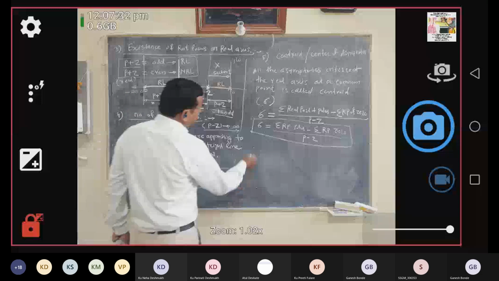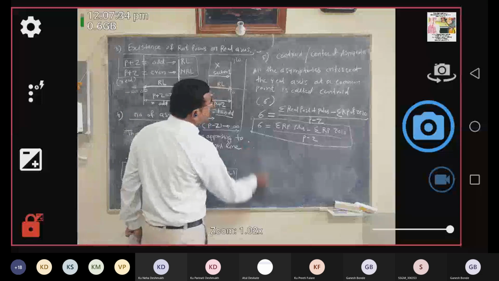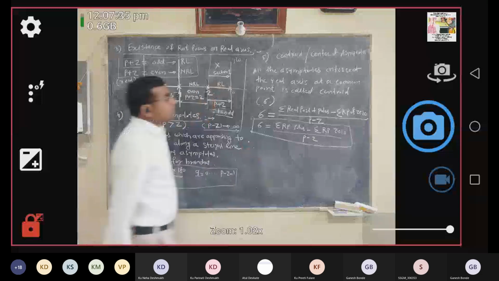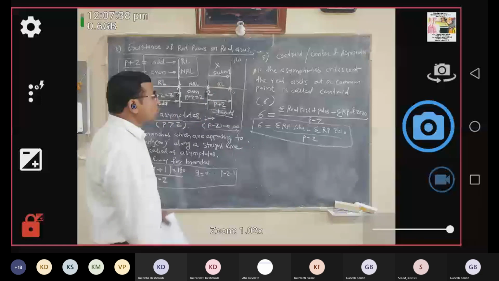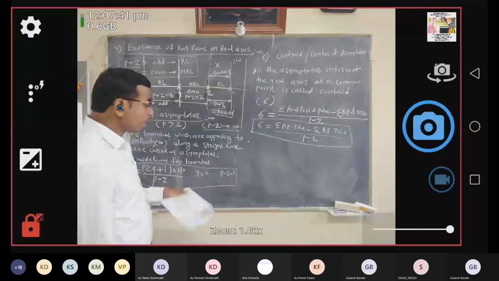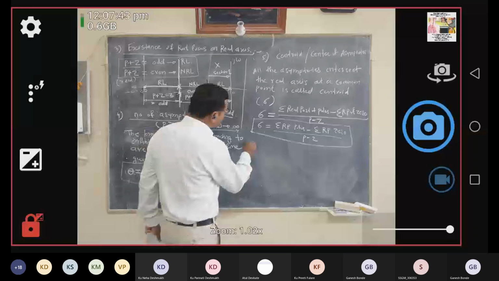This sigma is always located on the real axis. So now write down the properties of the centroid.